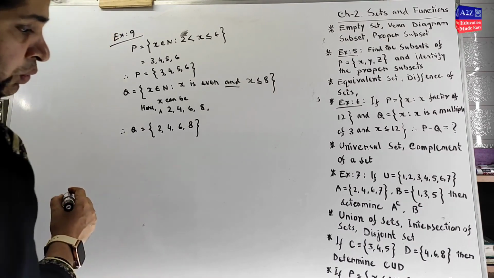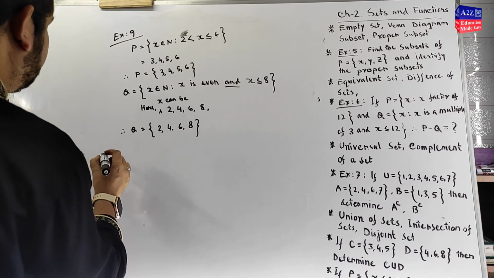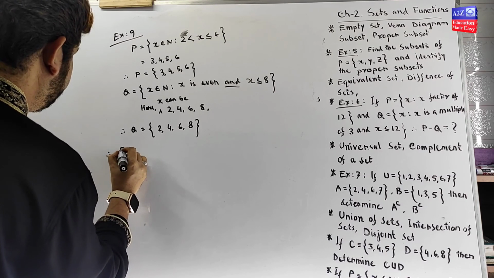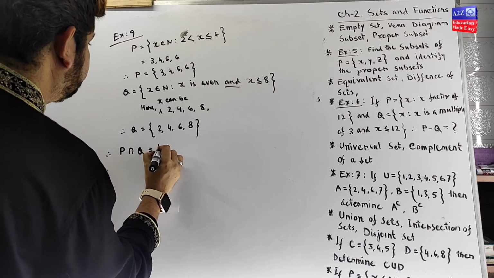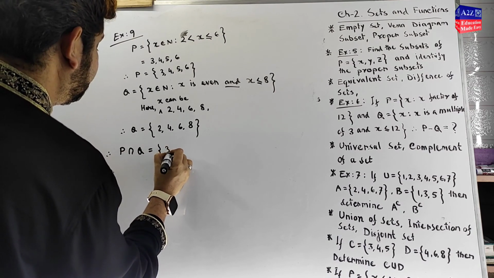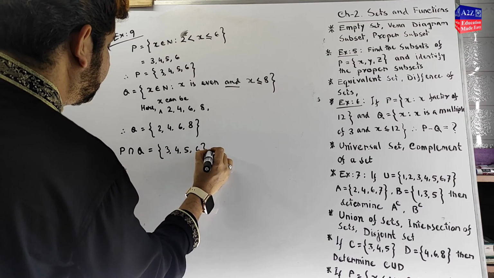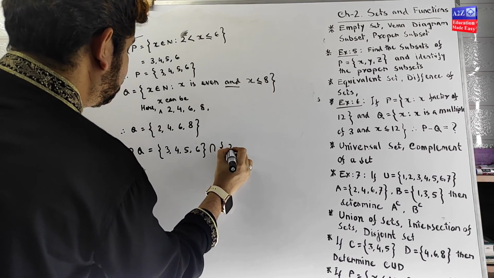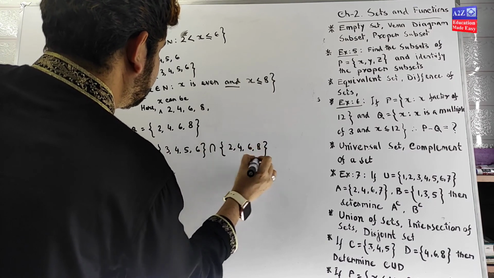Now I have to find out P intersection Q. P intersection Q means P, that is 3, 4, 5, 6, intersection Q, that is 2, 4, 6, 8.